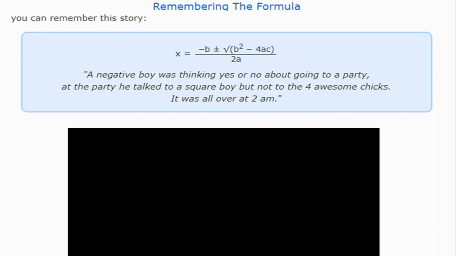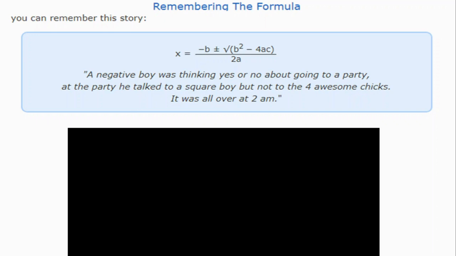At the party, he talked to a square wise. A square y means b square, but not means negative value. Two awesome chips, 4 awesome chips, 4ac. It was all over 2a, means it is upon 2a. This is a story. We can learn this formula.